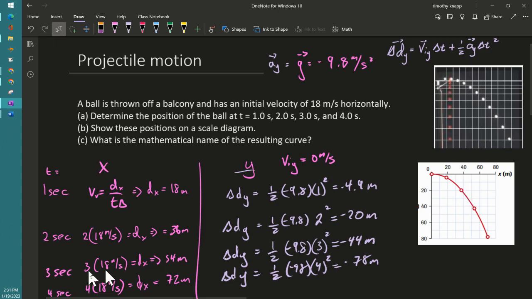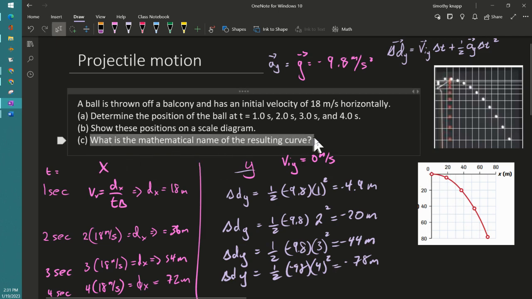And then after 3 seconds and so forth, I can see that forward's 54 and down 44, so forward 54 and down 44 and so forth. Here's my 4th second. And there it is.